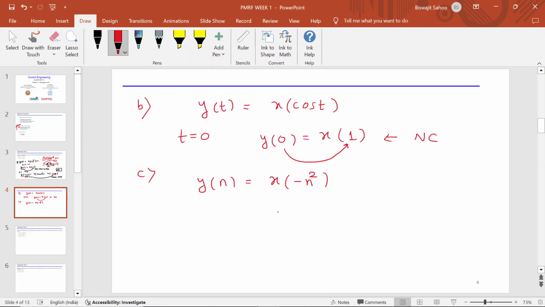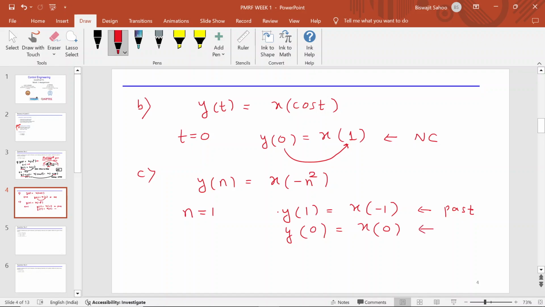Let's say I'm starting with n equal to 1. If I put n equal to 1, then you get y of 1 equal to x of minus 1. So for 1 it depends on the past value. Then for any other value, if I put n equal to 0, what do you get? x of minus 0, this will be x of 0.